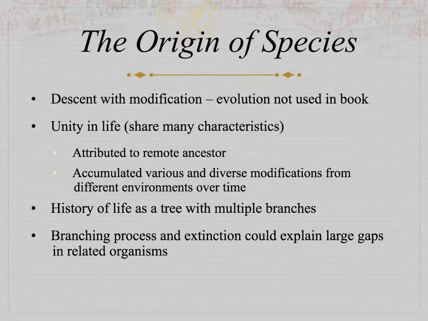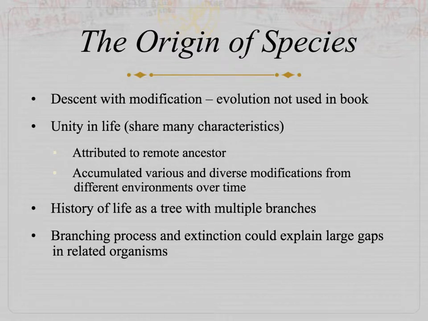What he brings about in his book is the idea of the unity in life, that many different organisms share many of the same characteristics. And he attributes this to a remote ancestor that all organisms must have had way back in time. He says that various and diverse modifications, so changes, were made and accumulated based on different environments.